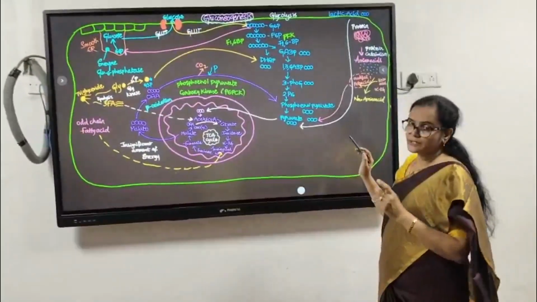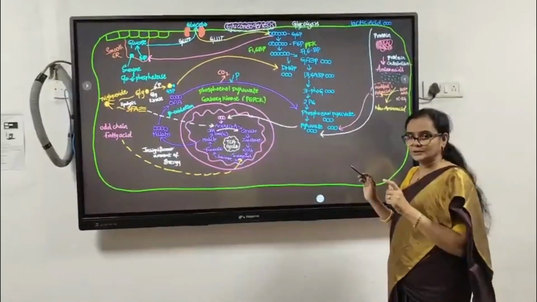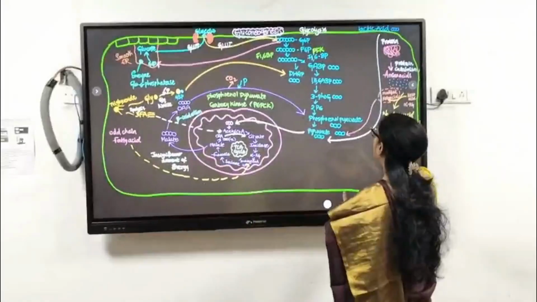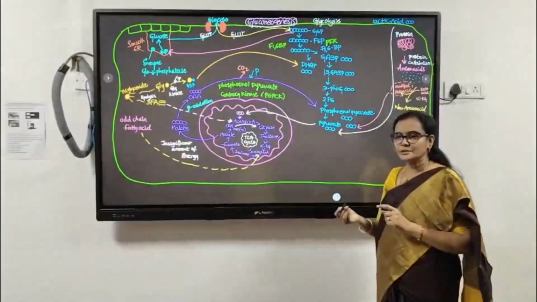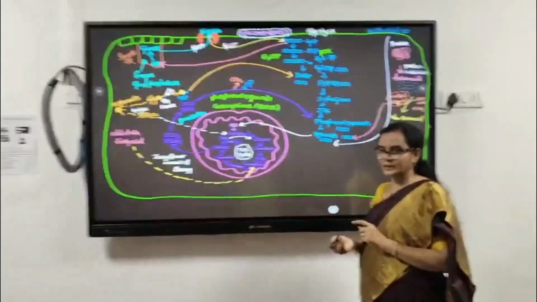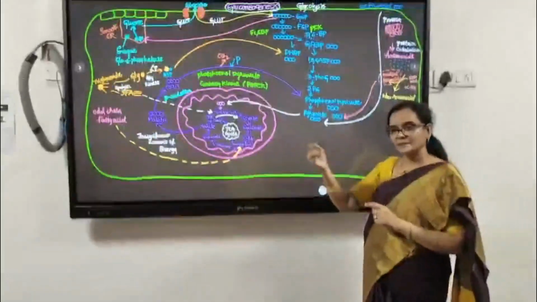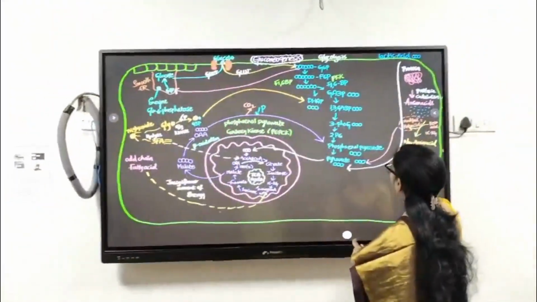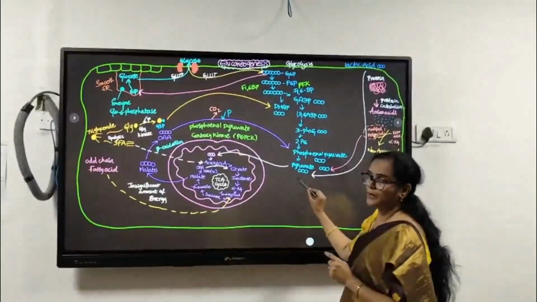Now we will see one by one the non-carbohydrate sources of gluconeogenesis. Lactic acid is produced in the body during muscle contraction. This lactic acid travels to the liver cell, and there in the cell it is converted to pyruvate.